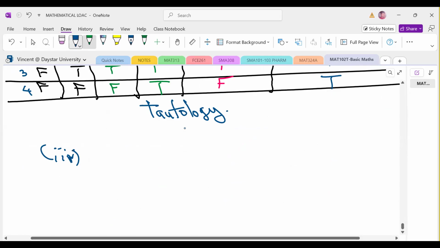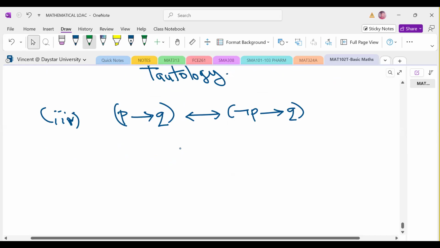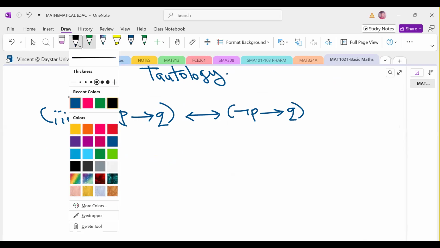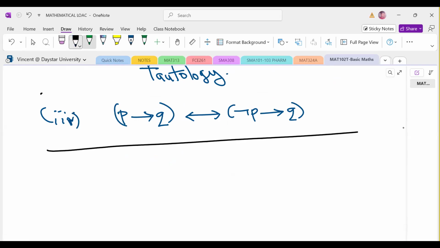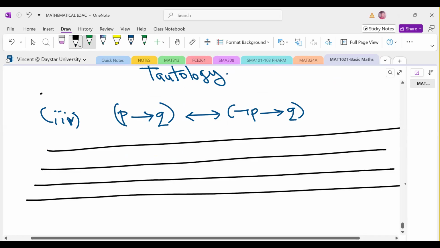Number 3 is P implies Q if and only if not P implies Q. That's what you have. So the first question always, how many rows do we require in this case? 4. We only have 2 letters. So we have row 1, row 2, row 3, row 4.